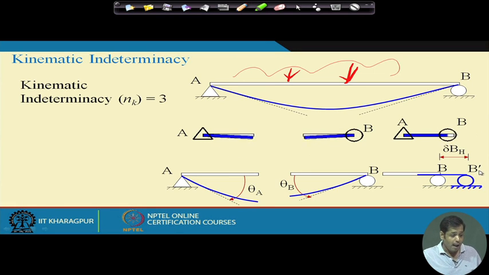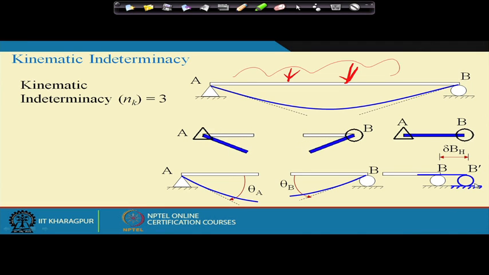It means that initially the length of the beam was AB, now the length of the beam becomes AB dash. So, the length of the beam is now different, meaning this translation will cause a change in length of the beam, meaning it causes axial deformation in the beam.